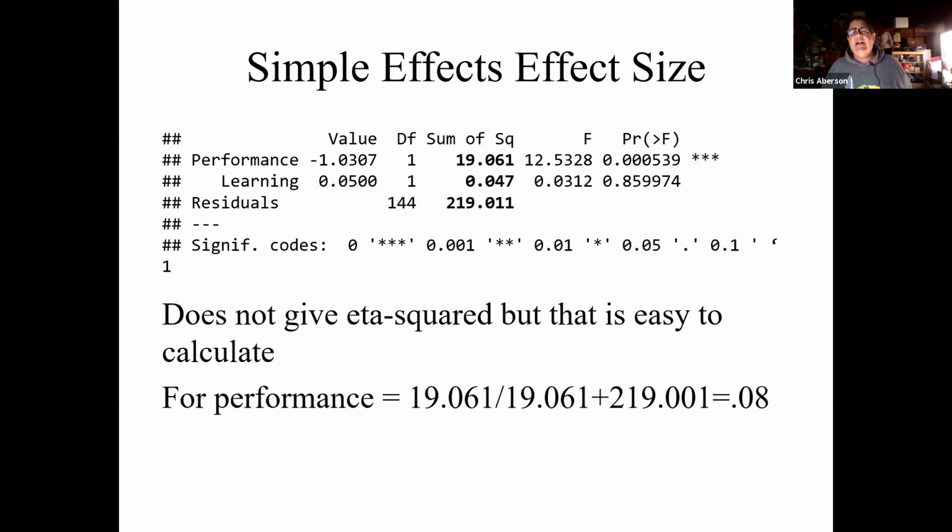There we go. Divided by the sums of square for the effect plus the sums of square residual. And this comes out to 0.08. I didn't calculate it for learning, but it's going to be 0. You can see how small those sums of squares are in relation to each other. So that's eta squared. You can calculate that by hand very easily. It'd be nice if this gave it to you. I don't know why it doesn't, but not a big deal to get it.